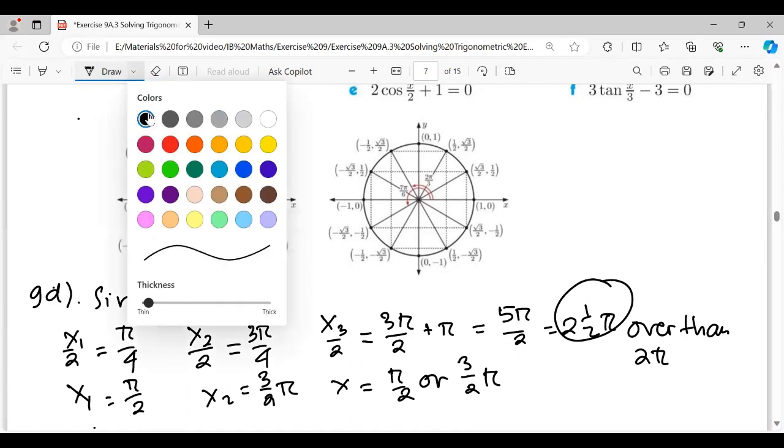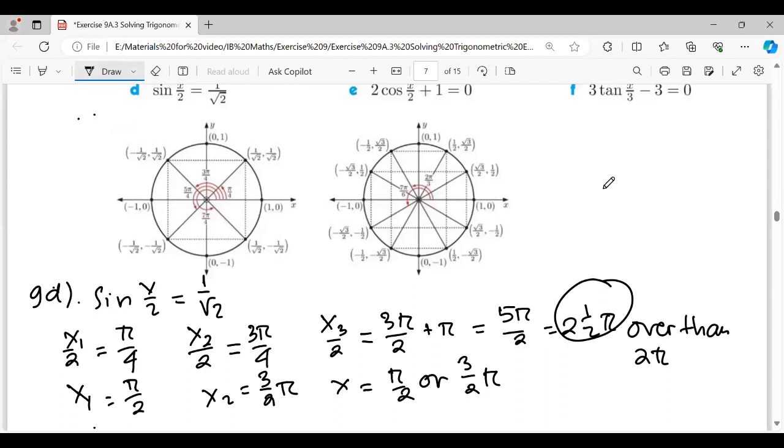If minus half, look at this diagram. Cosine minus half is this one and this one, 4 pi over 6 and 8 pi over 6.